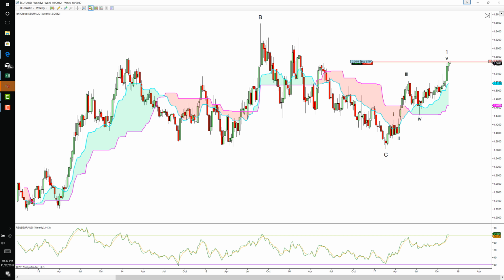I took some profit, but nowhere near what I should have gotten. So I had to go through and rethink it, and I'm going short again if this is the wave 1 that I expected. If price continues higher, well then this is not the one. This will be the 1, 2, and then we're in wave 3 of something.